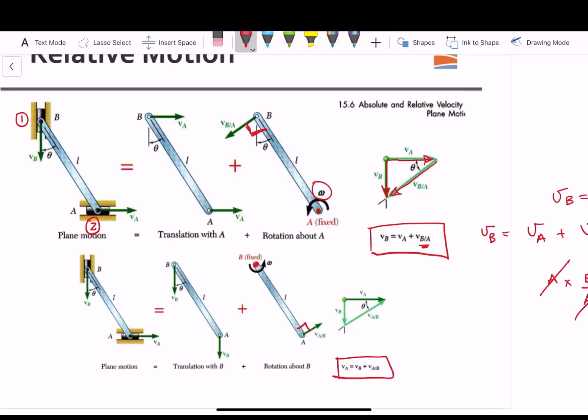Once again, we can create our velocity triangle, and notice how the velocity triangle looks exactly the same. The only difference is that now instead of having VB with respect to A, we have VA with respect to B, and they are just 180 degrees to each other. It's like one is positive, one is negative, kind of opposite direction is all.